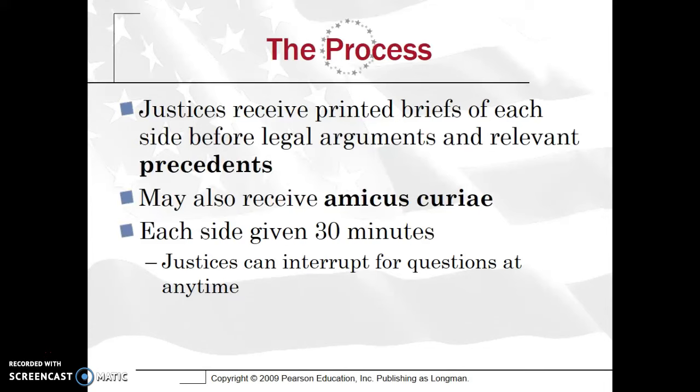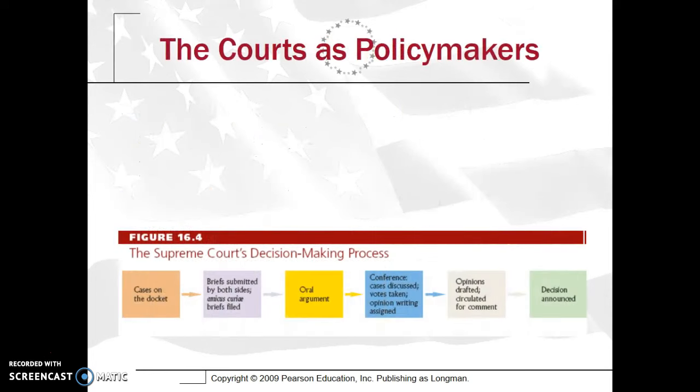And at any time, justices can interrupt for questions. So you might have 30 minutes of great points, but you might only be able to fit in 15 or 20 minutes of that if you're lucky, because you have 9 sitting justices who could potentially be asking you questions. So it is very, very short, and you want to use that time as best as possible.